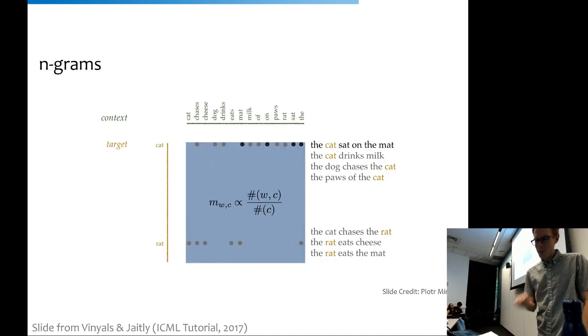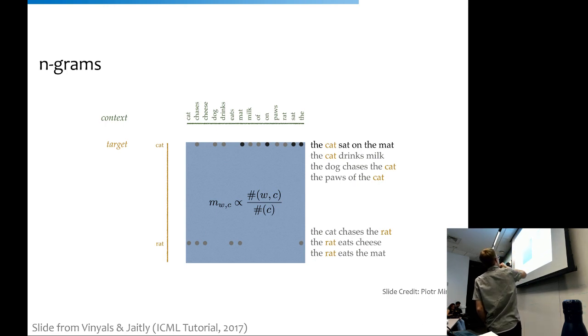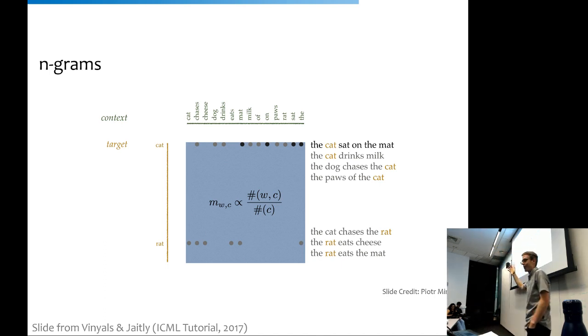Okay, so one way that people built language models was using n-gram models. And the whole idea here was that you had a fixed window of context. Specifically, n words that came prior to it. And so the trick then is coming up with an actual probability distribution based on some data.